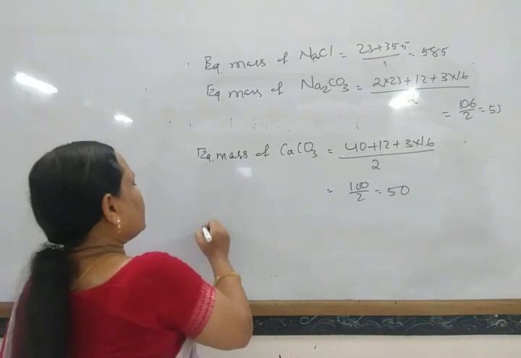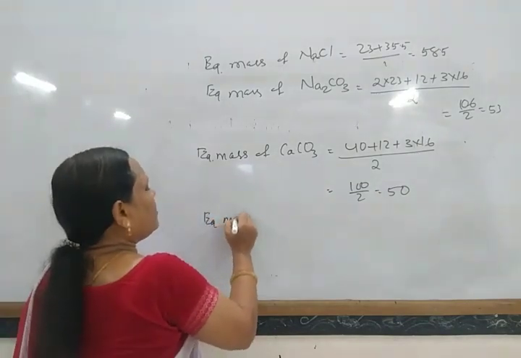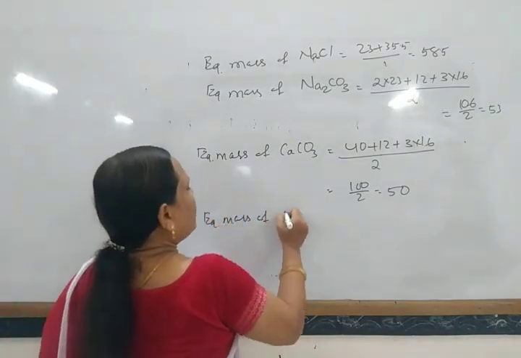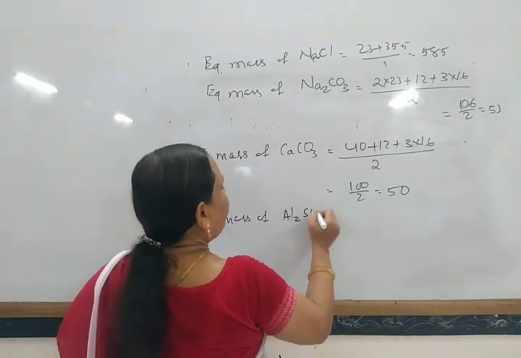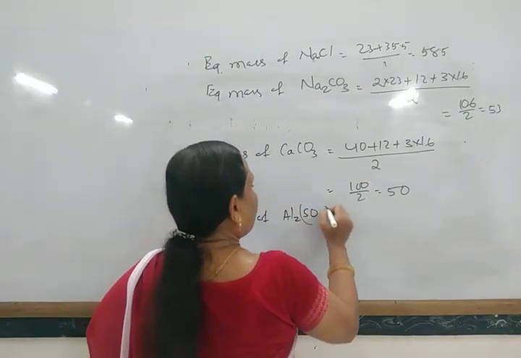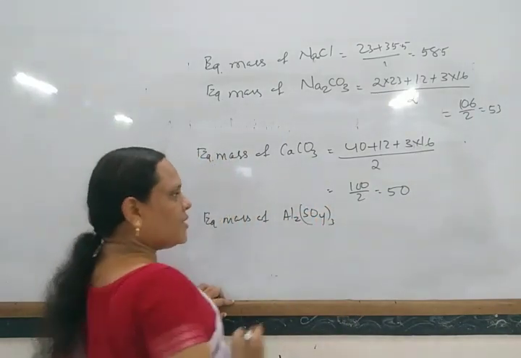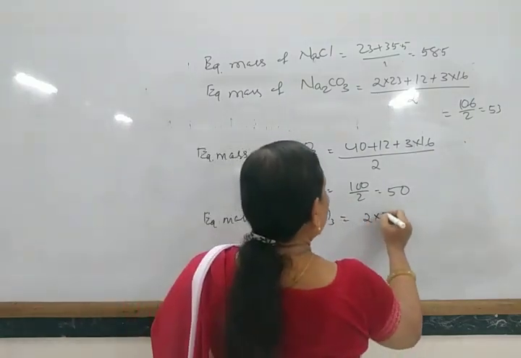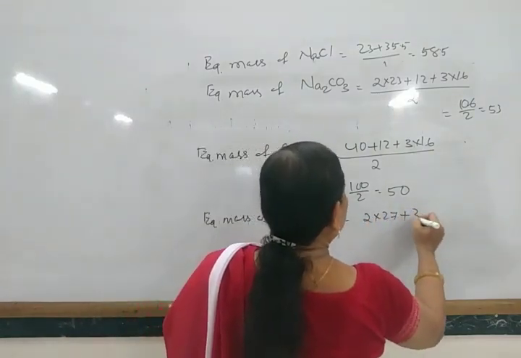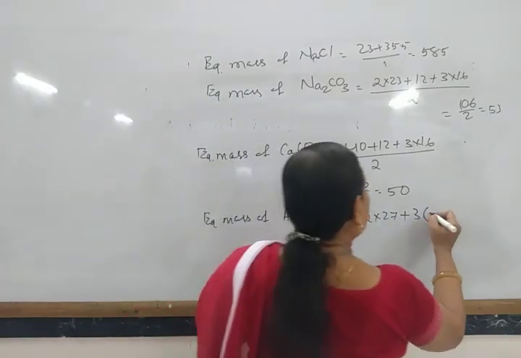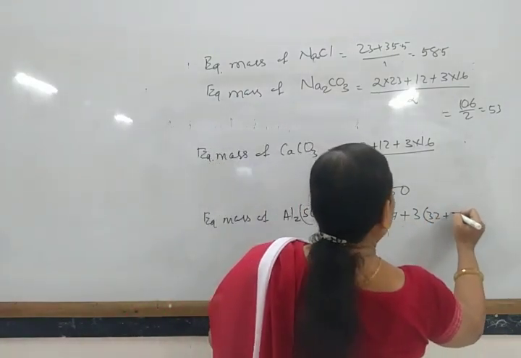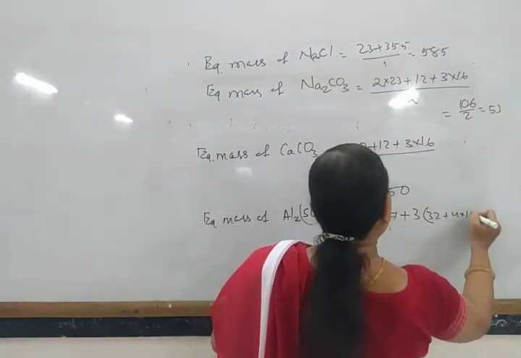Similarly, what is the equivalent mass of aluminum sulfate, Al2(SO4)3? That is equal to 2 into 27 plus 3 into 32 plus 4 into 16.